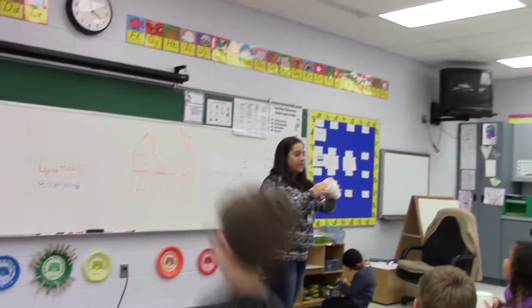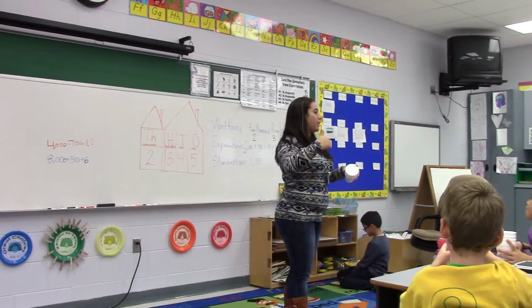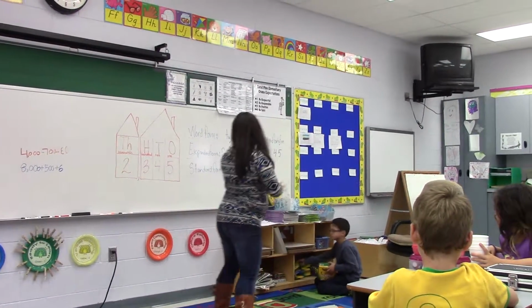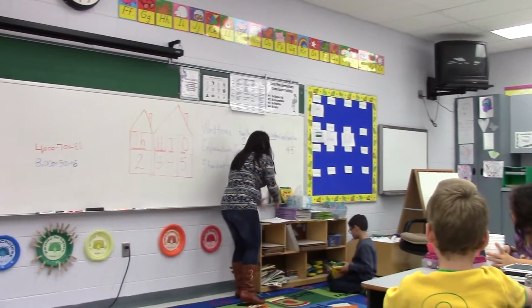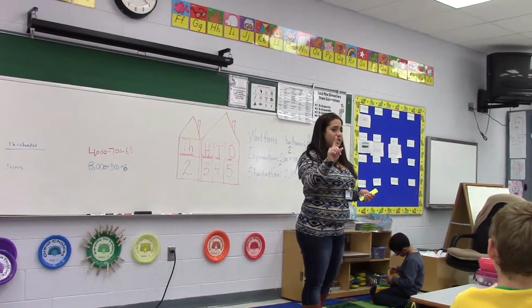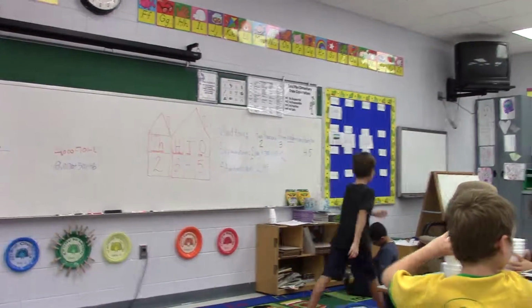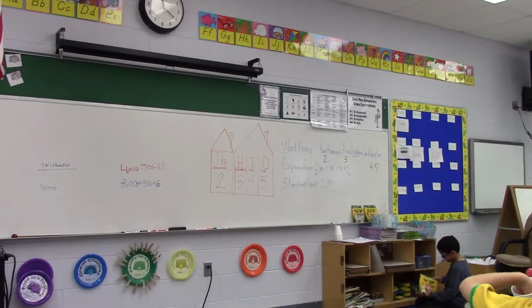Okay? When we get that and we're ready, you put your thumbs up and show me that you're ready so that we can go over what we're doing. If you have a number that has 2 digits or 1 digit, raise your hand. So you have 1 digit?